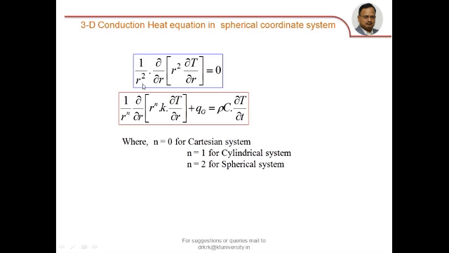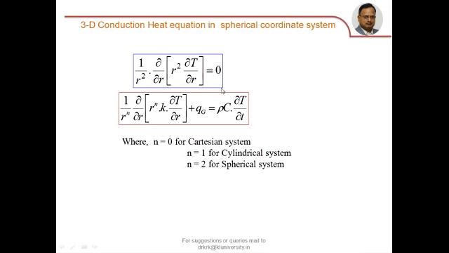The equation simplifies to 1 by r square dou by dou r of r square into dou T by dou r equal to 0. This is the one-dimensional conduction heat equation in spherical coordinate system without internal heat generation under steady state. Solution of this equation will result in temperature distribution within the sphere as a function of radius.